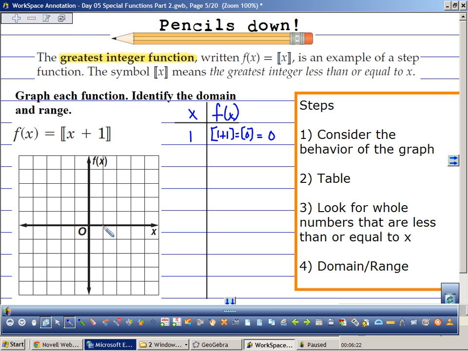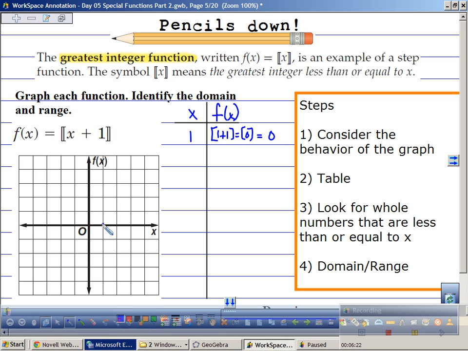So if I put in 1, I'm going to get 0. Sorry. Why are you guys not stopping me? If I put in 1, I'm going to get 2.